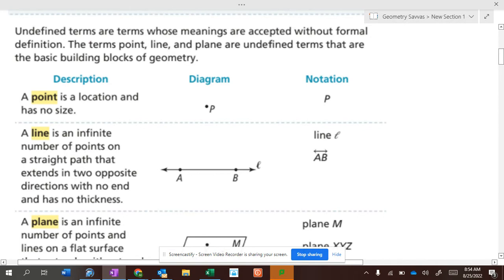So your first vocabulary word is an undefined term. We'll describe it as: a point is a location and has no size. It's the fourth word down on your sheet. The fourth word down on your sheet is point. Okay? A point is a location and has no size.